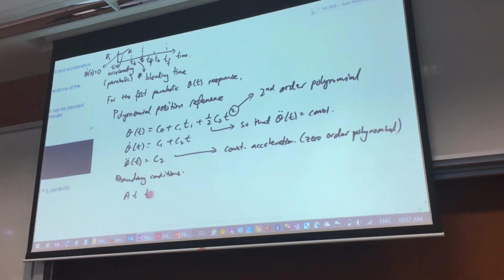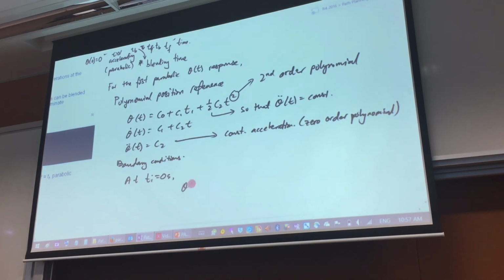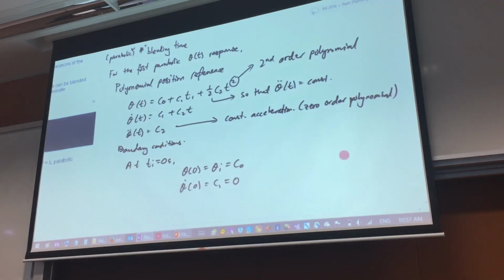So at Ti equal to 0 seconds, my theta at 0 time is theta I, equal to C0. Theta dot, C1, will be equal to 0. And acceleration at 0 seconds will be C2, just a constant.